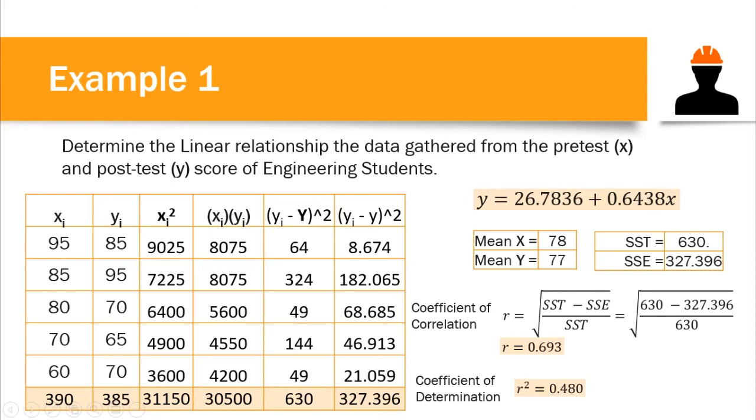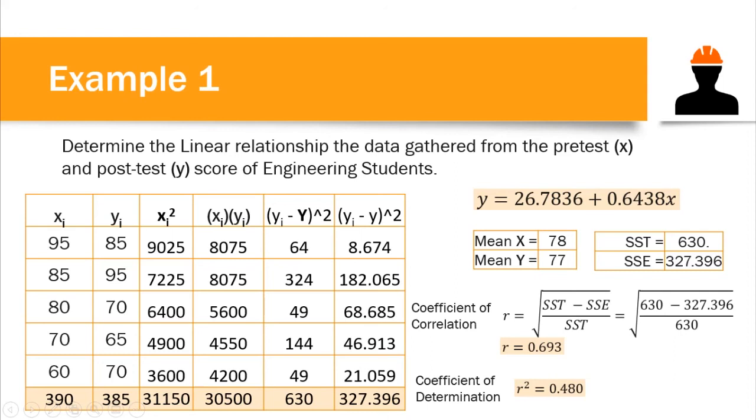But as you can see, we have a smaller coefficient of determination, and that is because we have only 5 samples here. And this explains that 48% of the variance of our post-test, or our dependent variable, is explained by the independent variable.